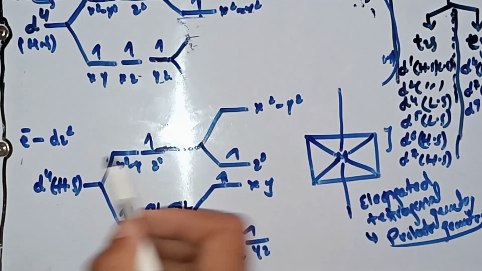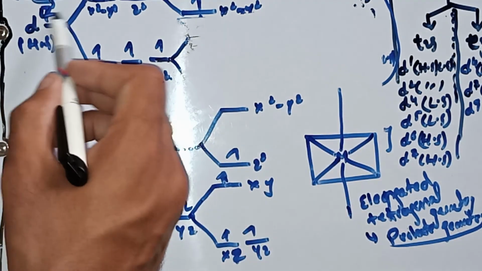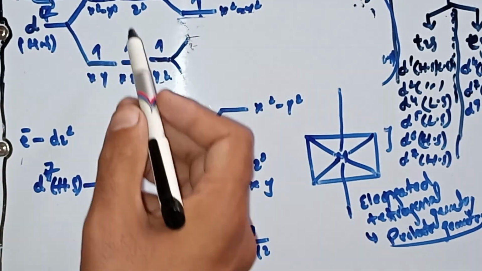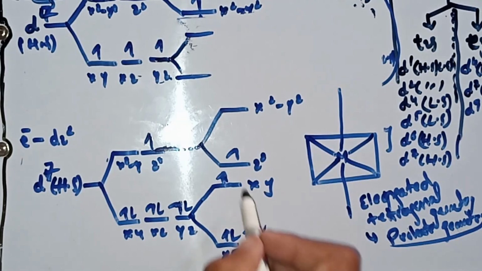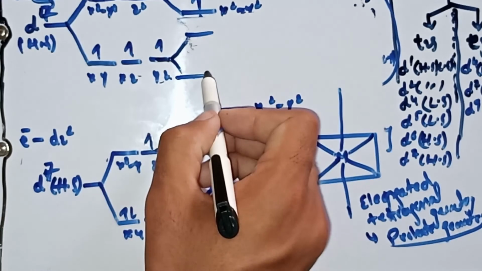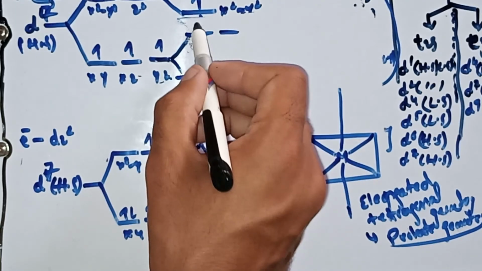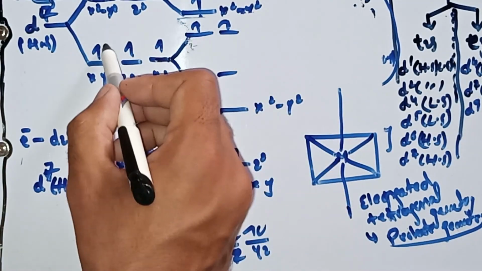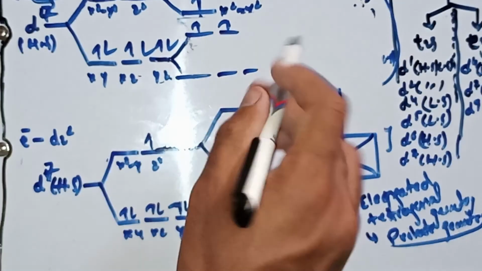When the electron goes into x square minus y square, then the situation and the configuration will become like that. So in the d7 system, the configuration will be like that.